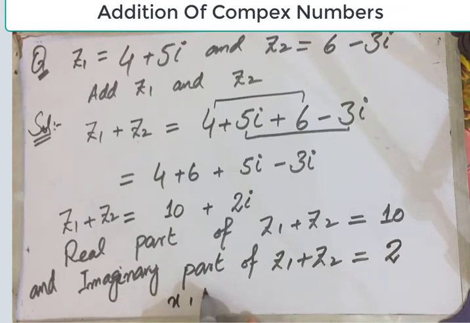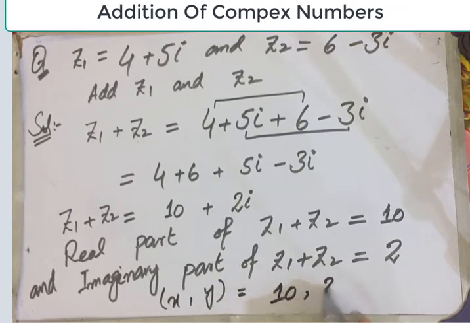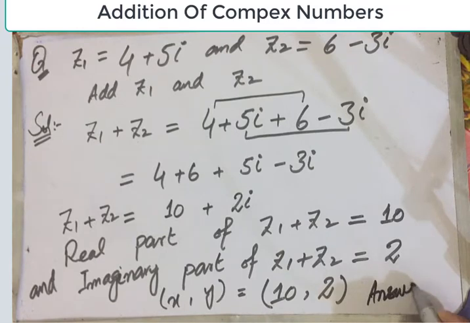In polar form x comma y we have 10 comma 2. This method is already solved in the graphical representation in the xy coordinate axis. This is the answer.